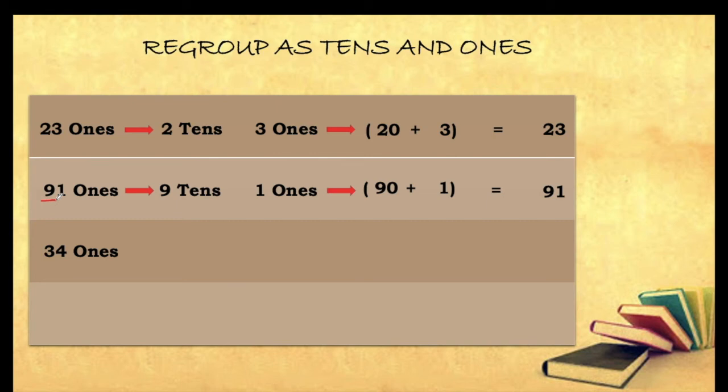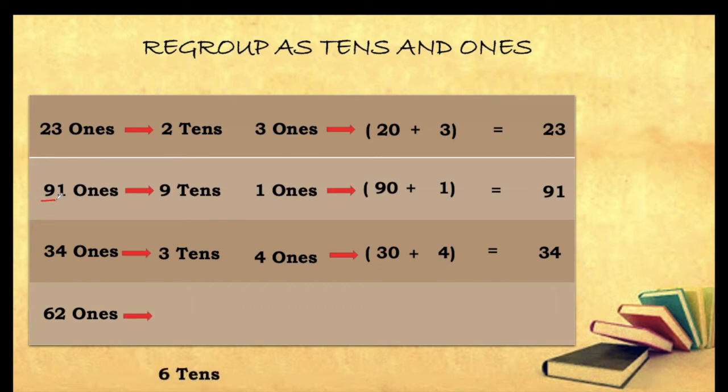Next, we have 34 ones, which can be regrouped as 3 tens and 4 ones. While writing it in numeral, it can be written as 30 plus 4, which is 34. Next, we have 62 ones. In 62 ones, how many tens do we have?